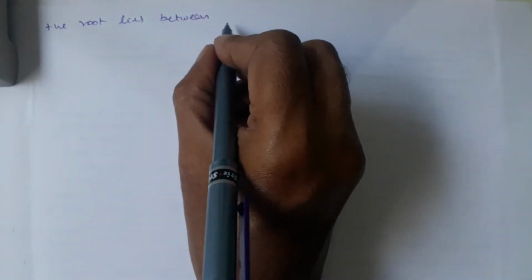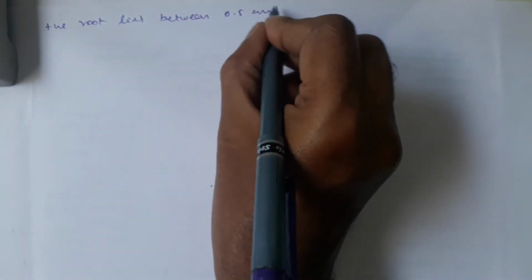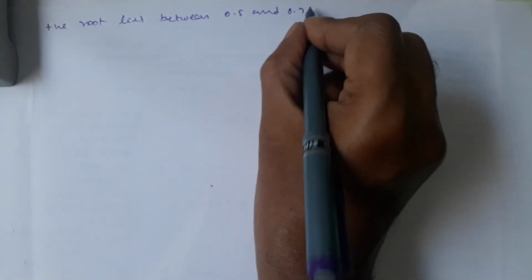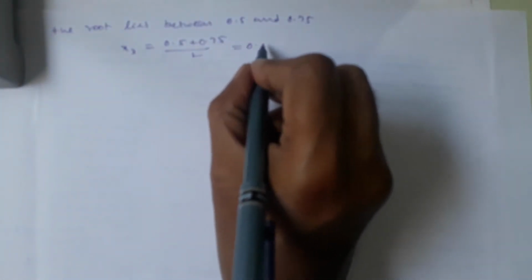So since it is positive, the root lies between 0.5 and 0.75, so that x3 is equal to 0.5 plus 0.75 divided by 2 is equal to 0.625.